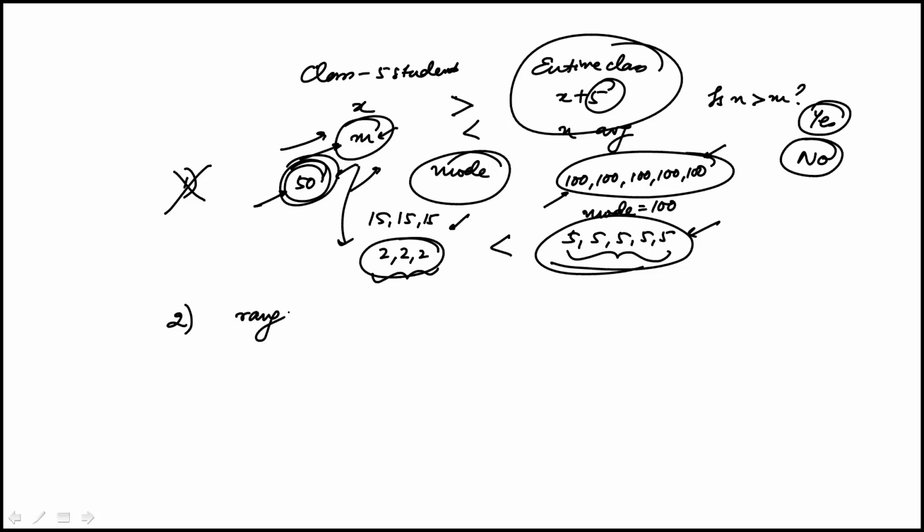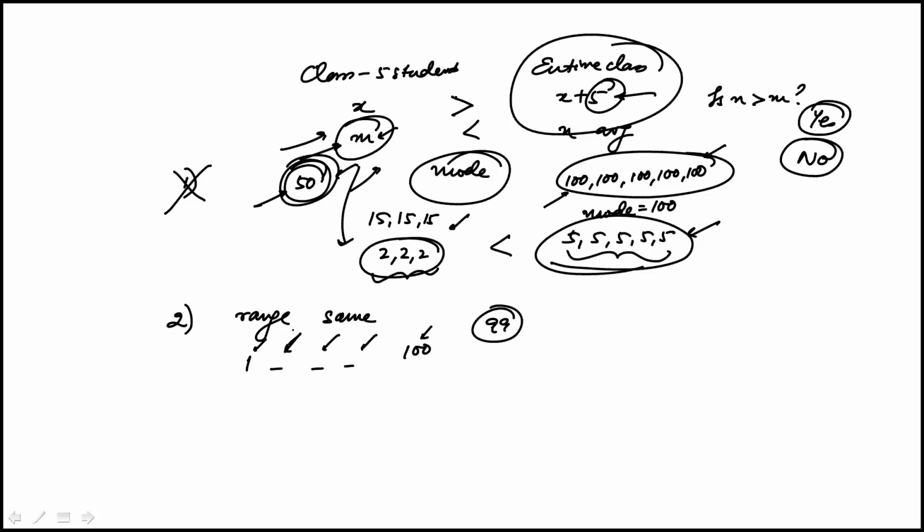The next statement is that the range for the entire class was the same. So the range remained the same, and that's just the difference between the least and the greatest. The least could be, let's say, 1, and the greatest could be, I don't know, 100. In this case, the range is 99. The key thing is that these additional 5 students' scores have to fall between the least and the greatest, because the range doesn't change, or they could equal these.